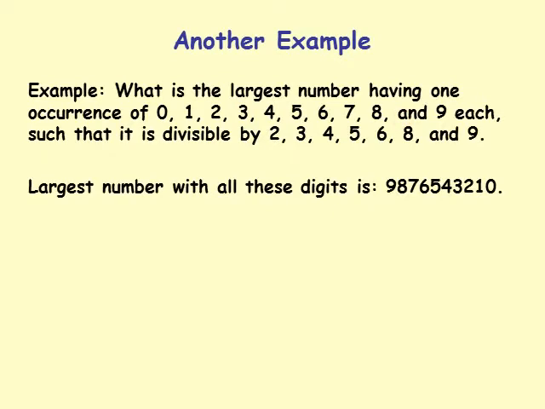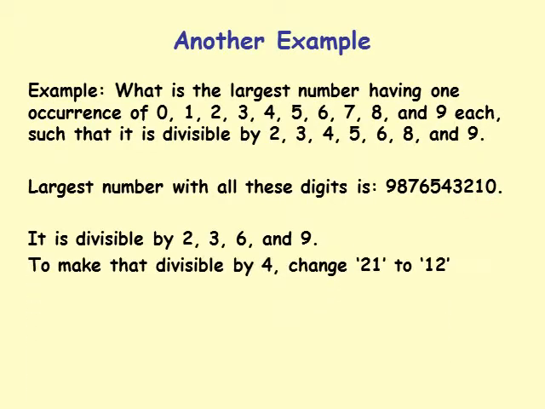Okay, let's continue. Is this divisible by 2? First check its digit sum. The digit sum of the number is 9, and it's even. So it's divisible by 2, 3, 6, and 9. It's also divisible by 5. But it's not divisible by 4, because 10 in the last two digits is not divisible by 4.